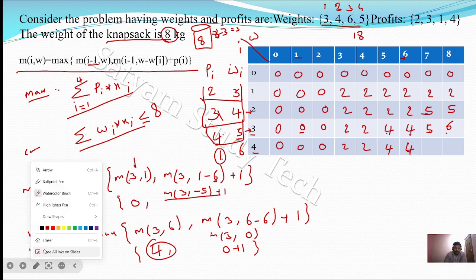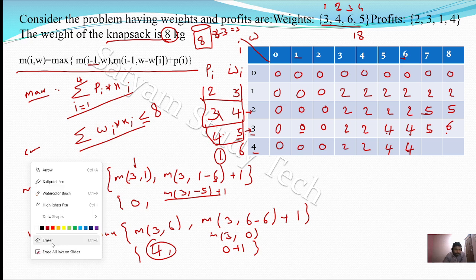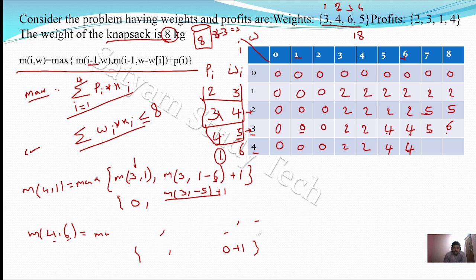Now you can see, you can apply the same to find 4 to 7 also. For example, you can erase this.